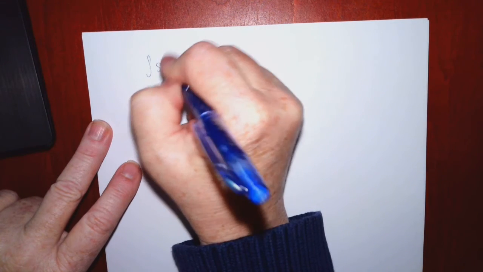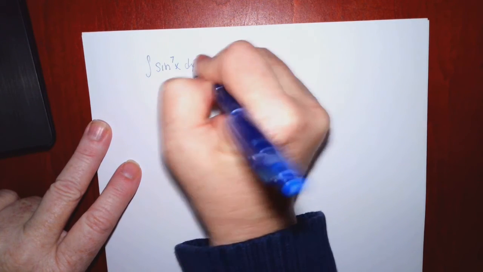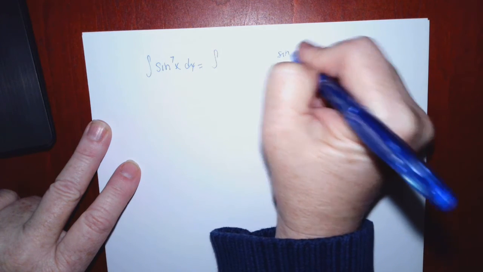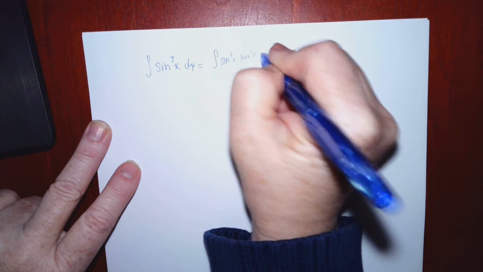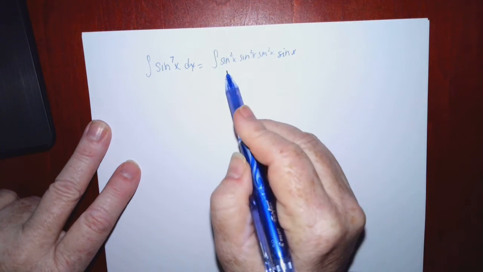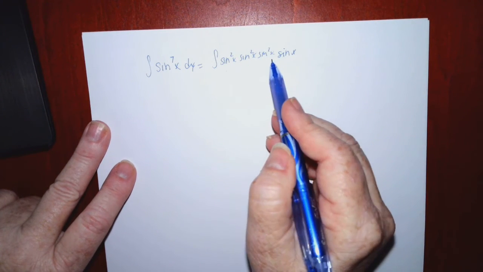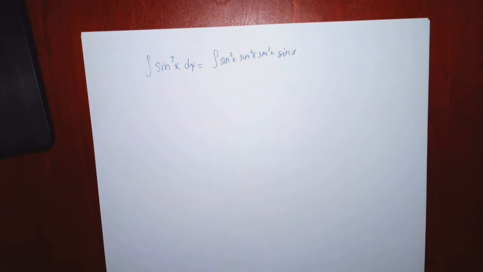So if you had sine to the 7th x, you'd have to pull off one of them, but then you'd have sine squared three times. So you'd have 1 minus cosine squared, 1 minus cosine squared, 1 minus cosine squared. The higher the powers, the more arithmetic and algebra that go into it.